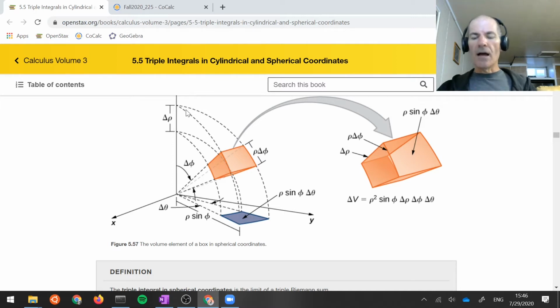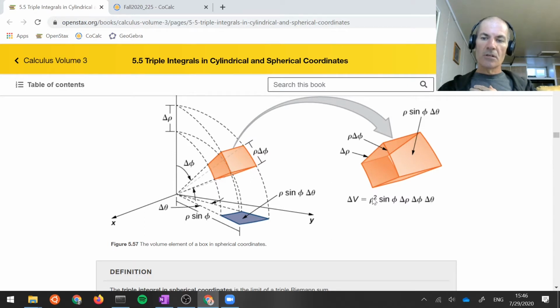Now, there's a lot going on with this formula, but the correct factor to introduce in order to account for the variability in the volume of this element is rho squared sine phi. Rho squared gets really small as rho gets small, right?